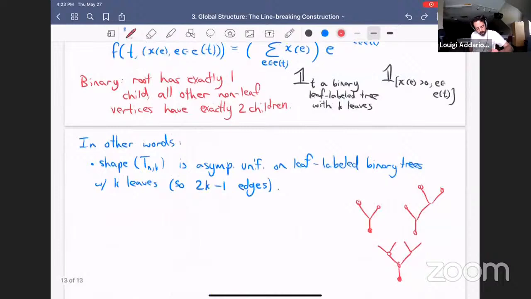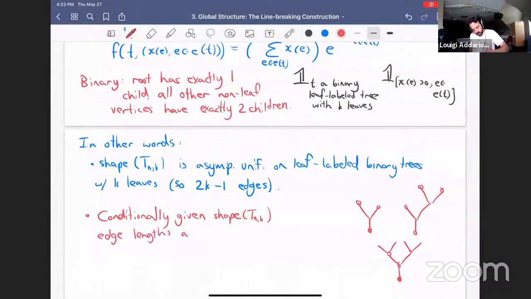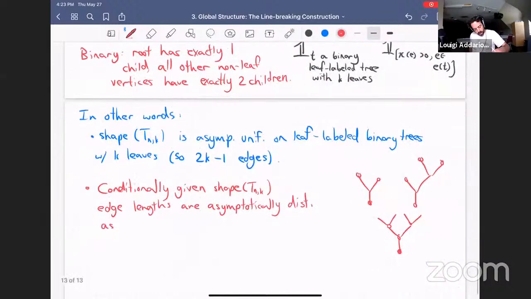So the second point is that conditionally, given the shape, the edge lengths are asymptotically distributed as n to the half times some random vector xi_i, i from 1 up to 2k minus 1.